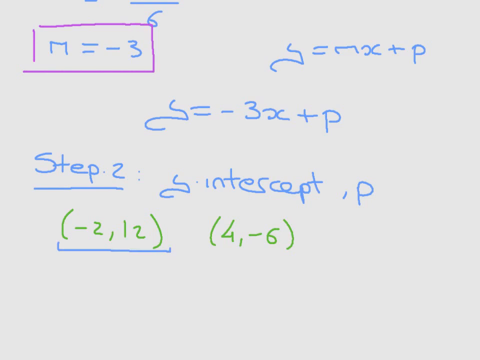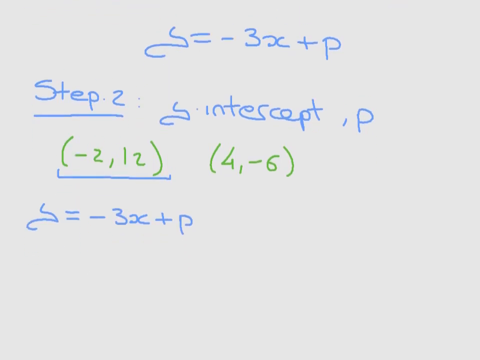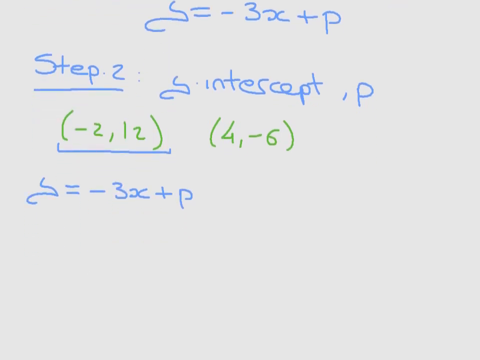What that point is actually telling us is that when x is equal to -2, y must equal 12. That point, remember, is a point on the line. So, looking at our line equation, which up until now is y is equal to -3x plus p, we know that when y is equal to 12, which I'm writing here, x has to be equal to -2.